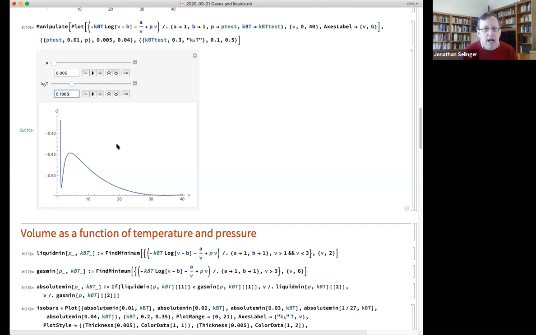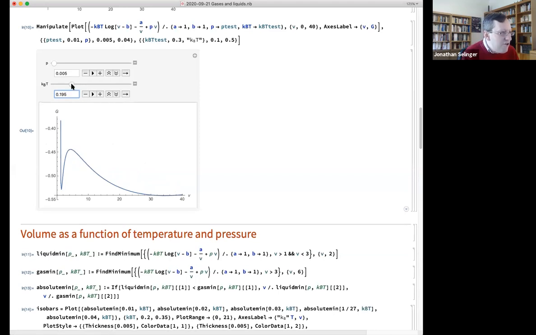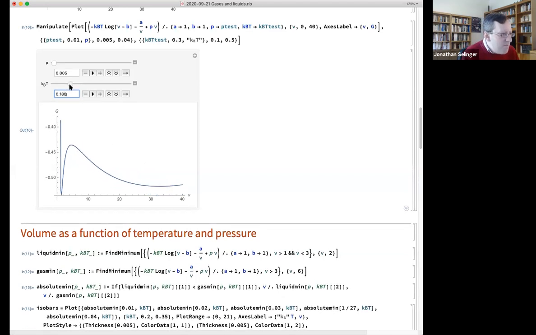And so at low pressure, this happens at a lower temperature. We can also see that at low pressure, the difference in volumes is extra big, right? Now it's a jump from like 1.8 to 35, whereas when we started, it was like a jump from 1.8 to 22.